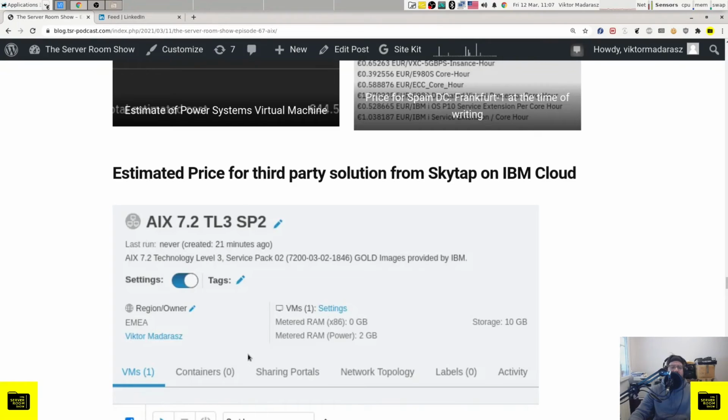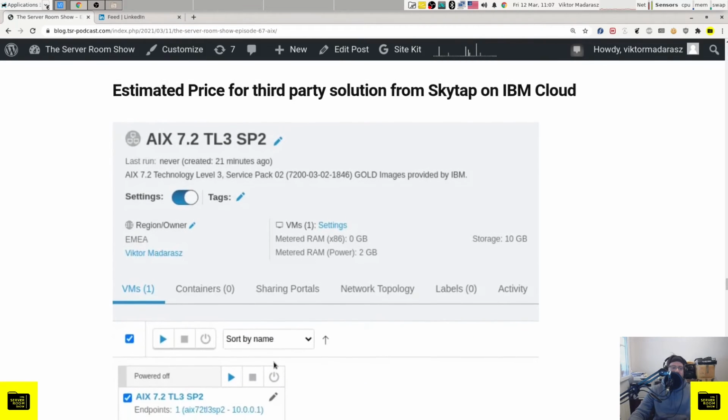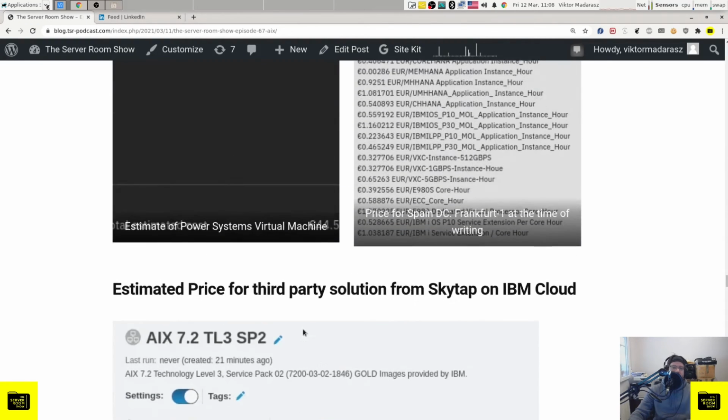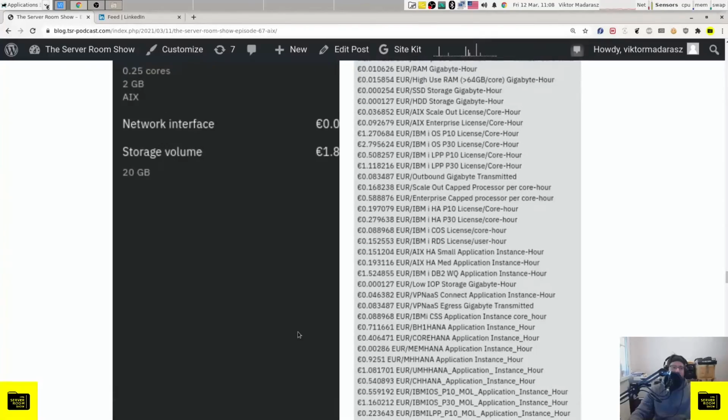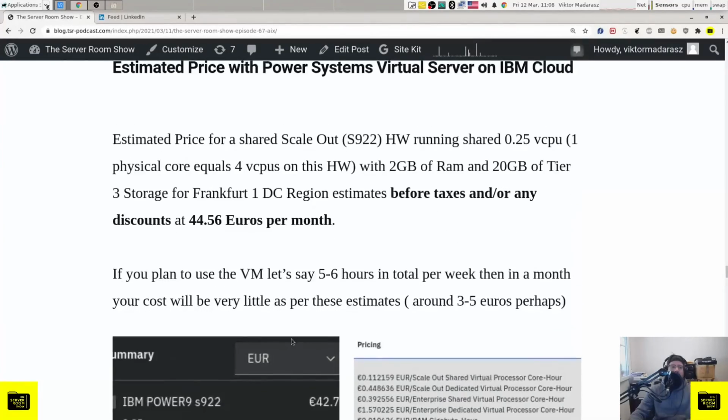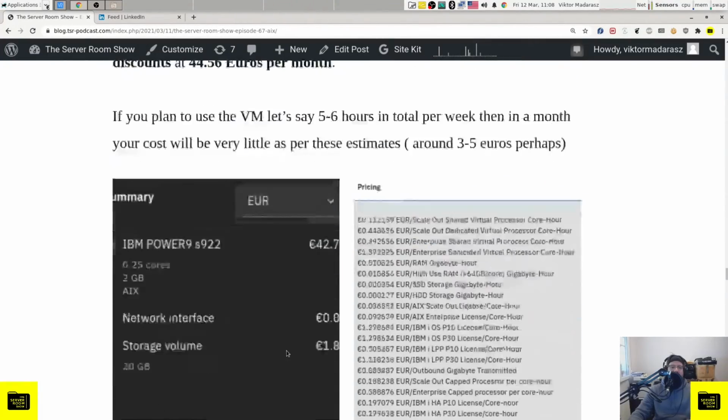I think I will add some updates when I run a course of a full month on both solutions, and maybe I update the show notes with how much it actually cost me. But that's the estimate for IBM's solution, the Power Systems Virtual Server on IBM Cloud.